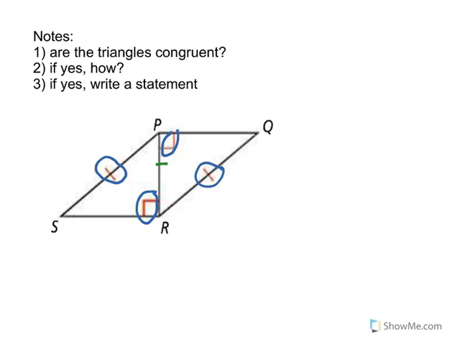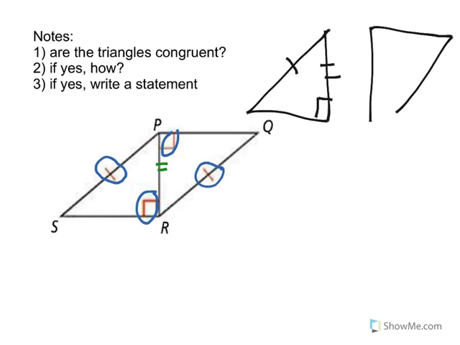They also share side PR. So we have a side and an angle. And then in our other one, a side and an angle.